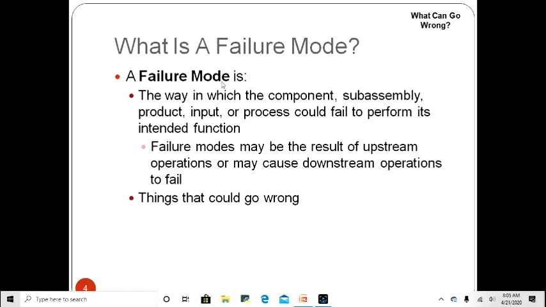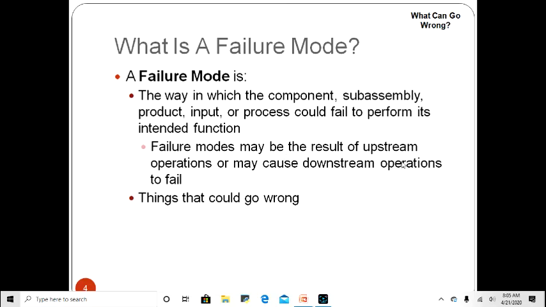A failure mode denotes that some action is leading to some failure. So some function or an action that is leading to failure is a failure mode, and you have to identify what is causing it. Sometimes there is a failure in upstream, right? Whatever fails upstream may impact the downstream operations.